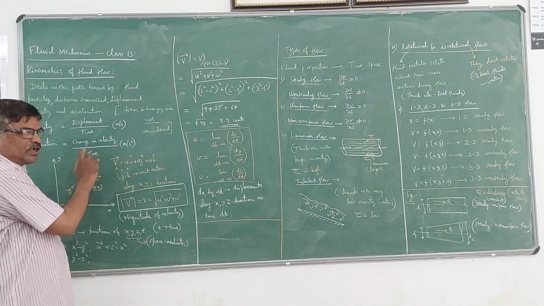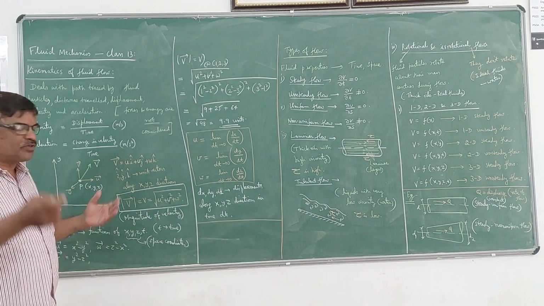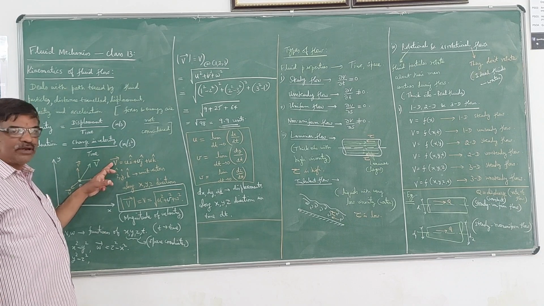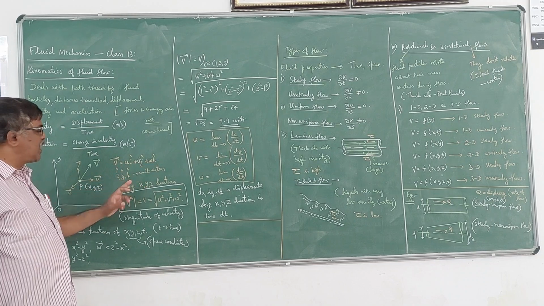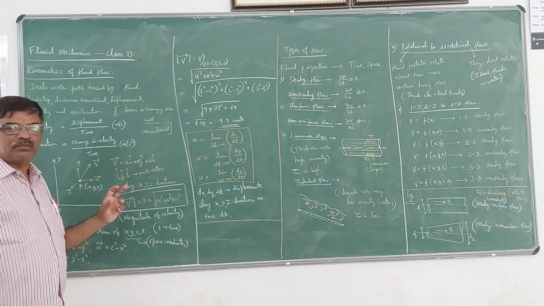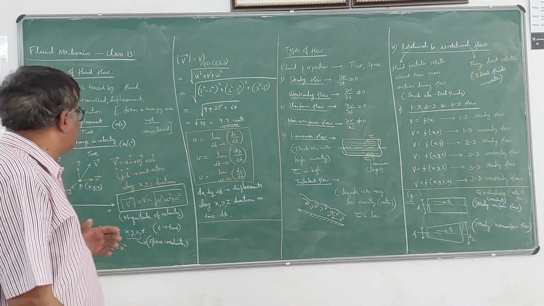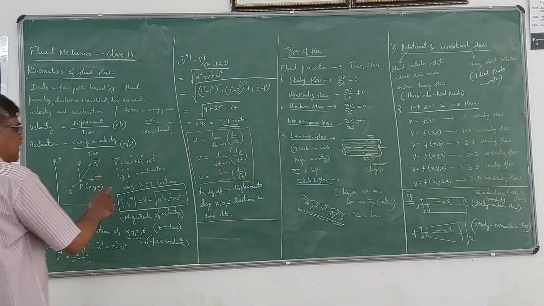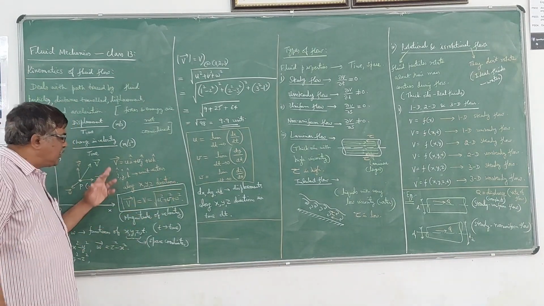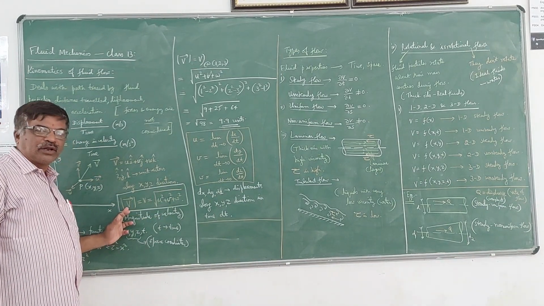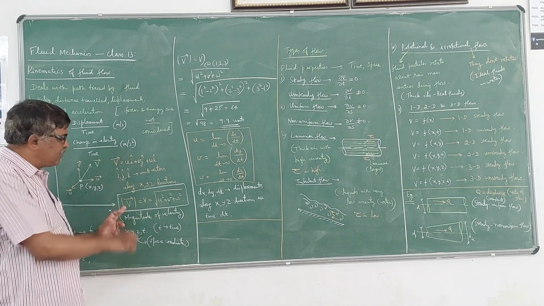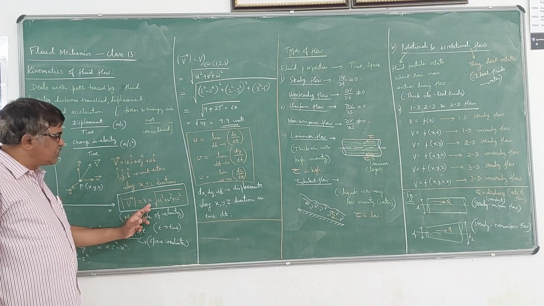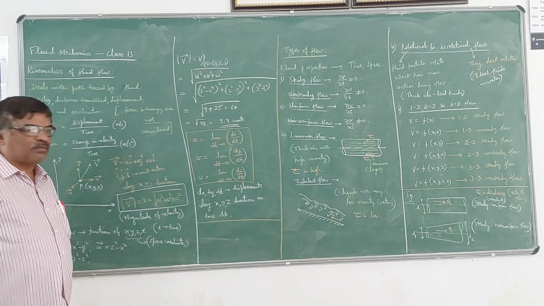Your total velocity at any point, or the resultant velocity at any point, capital V, can be written as ui plus vj plus wk, where you know that in vector algebra i, j, k are the unit vectors acting along the x, y, z directions respectively. The magnitude of the resultant velocity, modulus V or simply V, is given by root of u square plus v square plus w square.